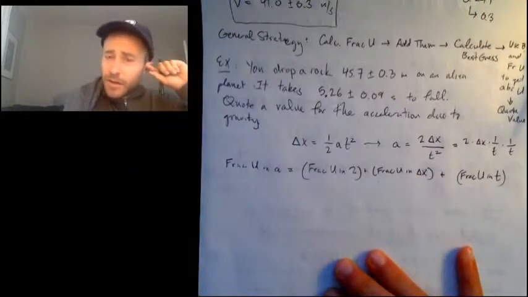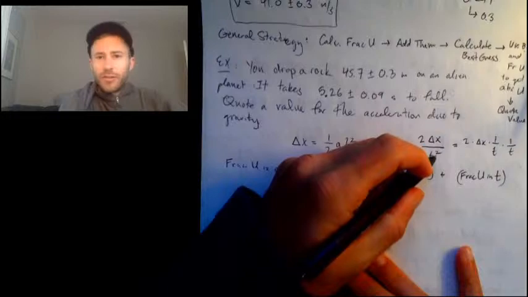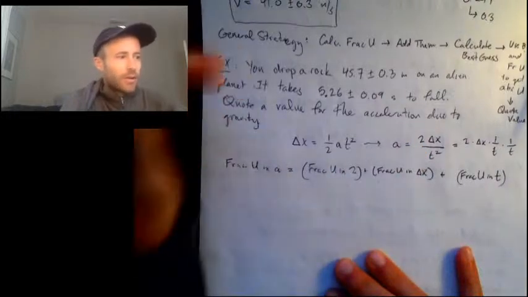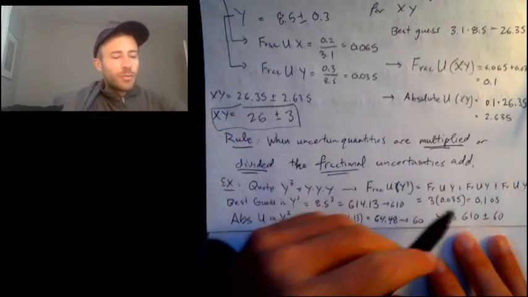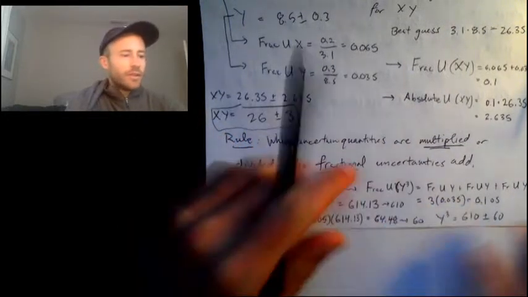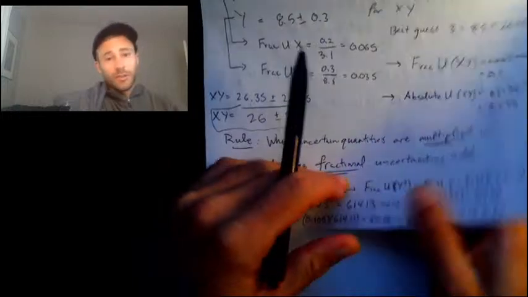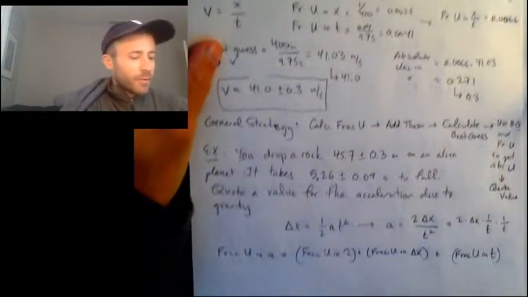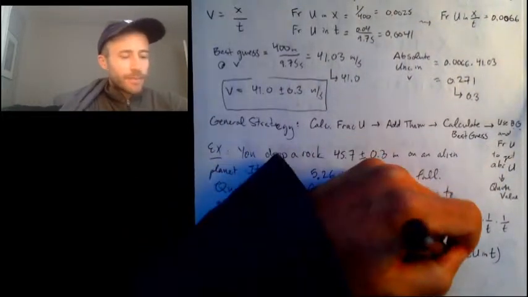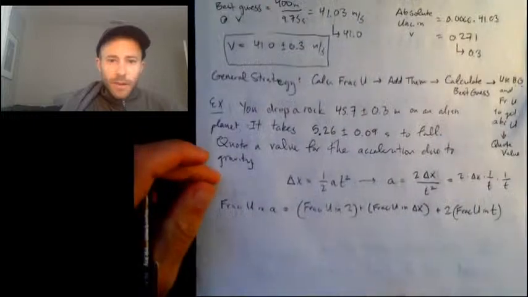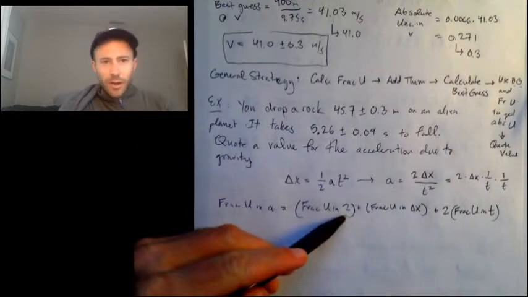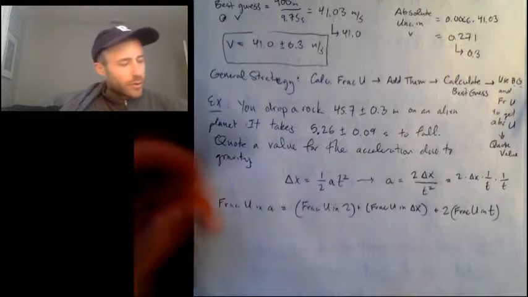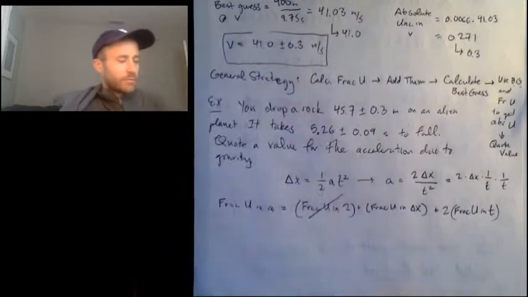All right? Now, anytime you have something raised to a power, similar argument to what we had where it was y cubed, so we just tripled the fractional uncertainty. Because we have t squared, we're just going to double the fractional uncertainty. Okay. So 2 is just a constant. It has no uncertainty, so this one doesn't count.